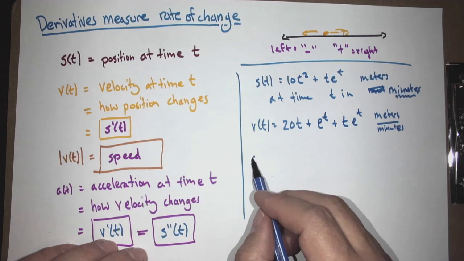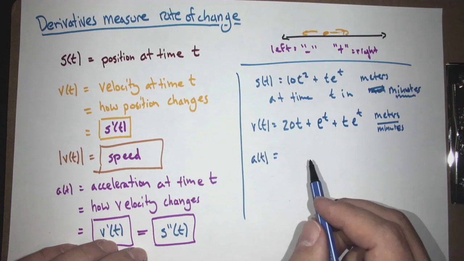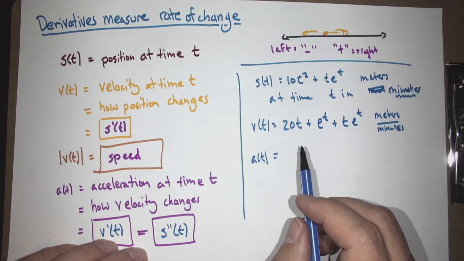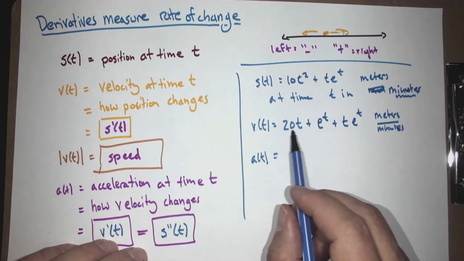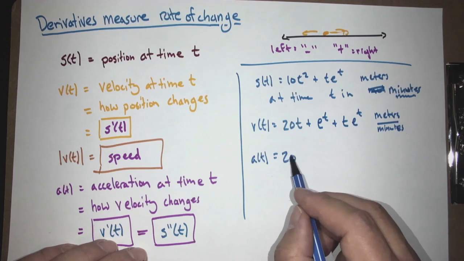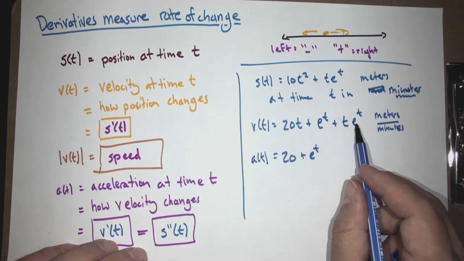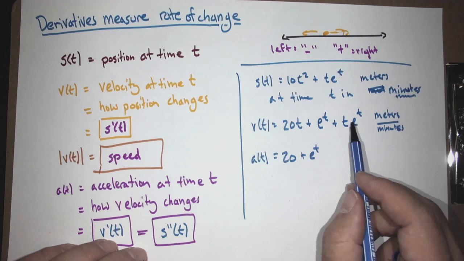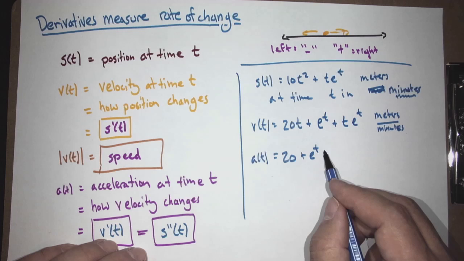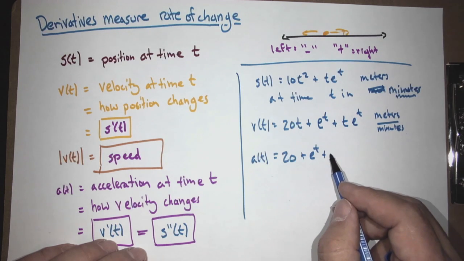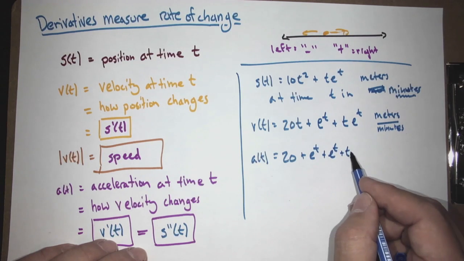Acceleration. What do we do? Another derivative. What's the derivative of 20t? 20. Derivative of e to the t. e to the t. Derivative of t e to the t. Spoiler alert, same process as before. Derivative of the first, 1 times the second, plus the first times the derivative of the second.